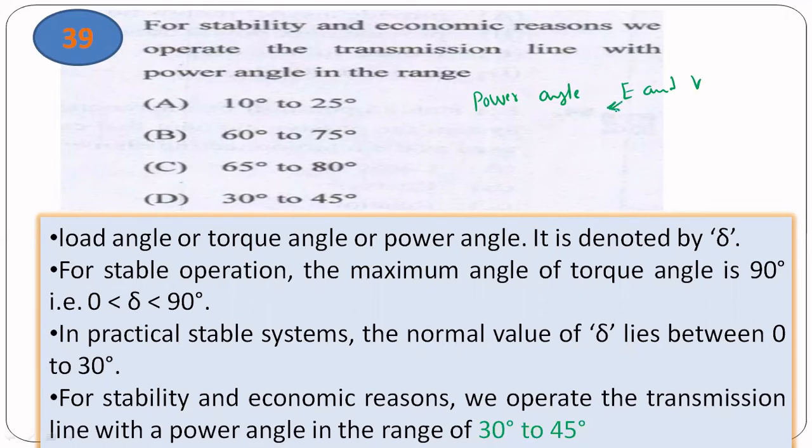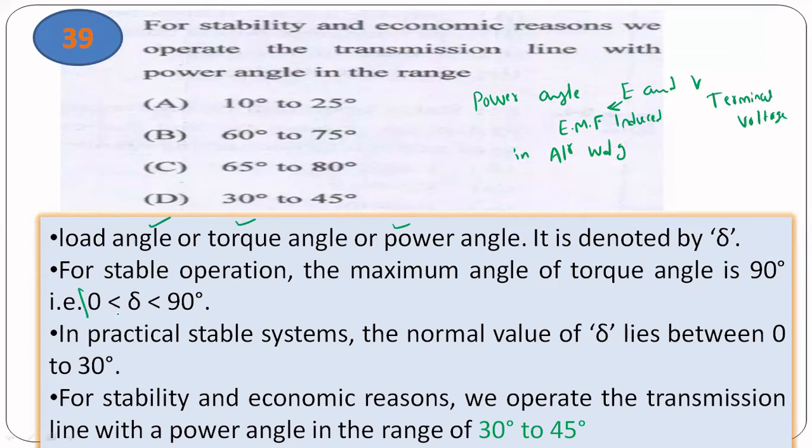Remember that E is the EMF induced in the alternator winding, whereas V is the terminal voltage. The angle between these two is called the power angle. It is also called the load angle or torque angle. It is denoted by delta, and for stable operation, its range is actually between 0 to 90 degrees.